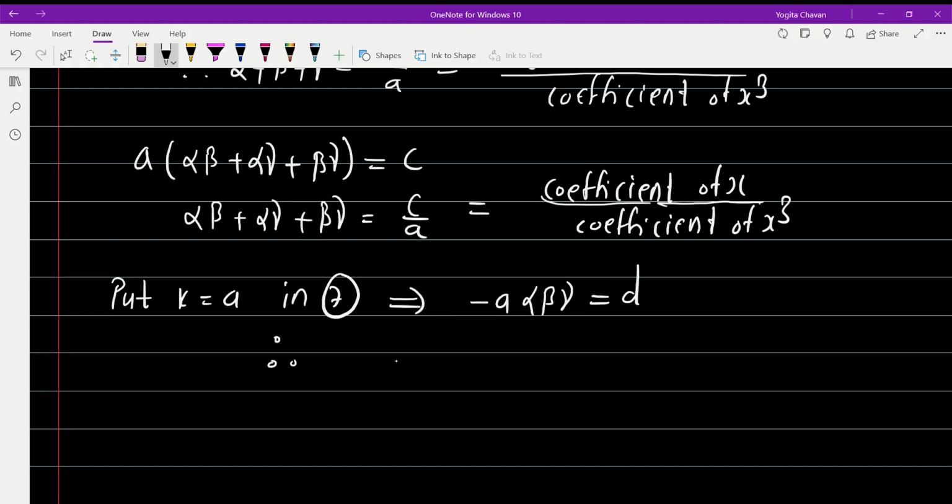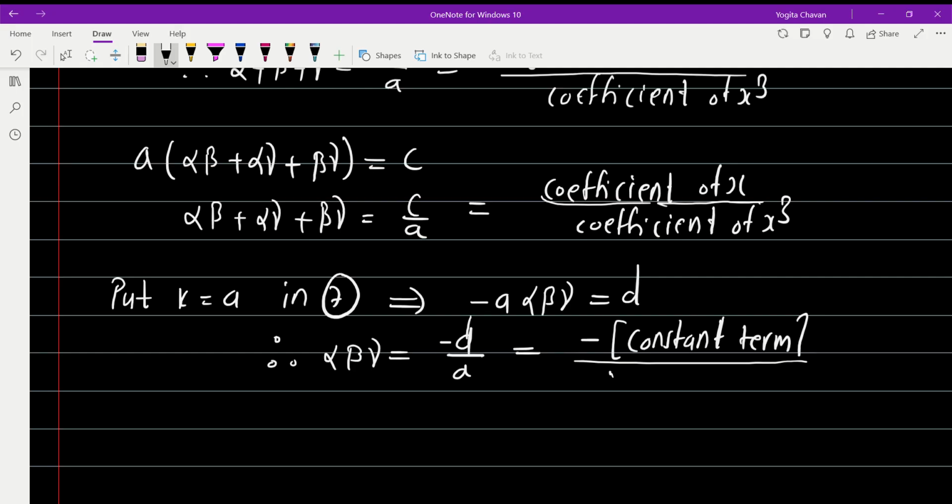And therefore alpha into beta into gamma, the product of the roots, is equal to d by minus a, which is the same as minus d divided by a, that is minus of the constant term divided by the coefficient of x cube.